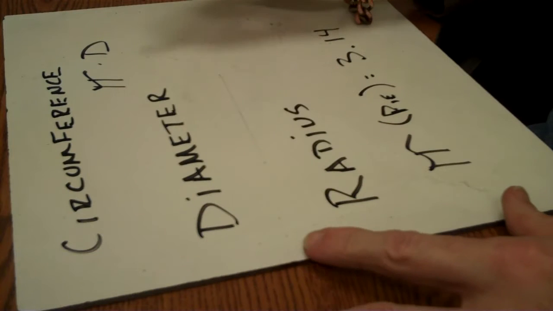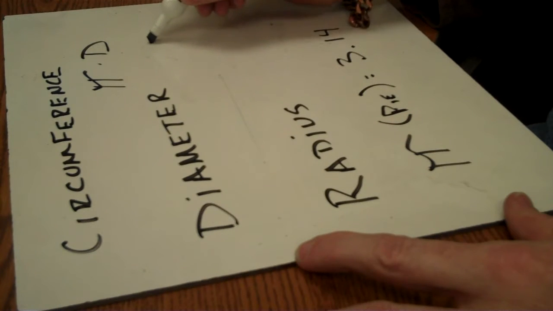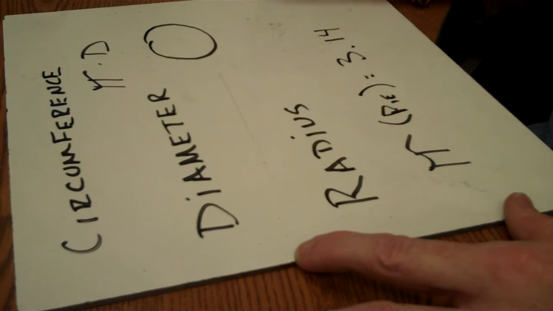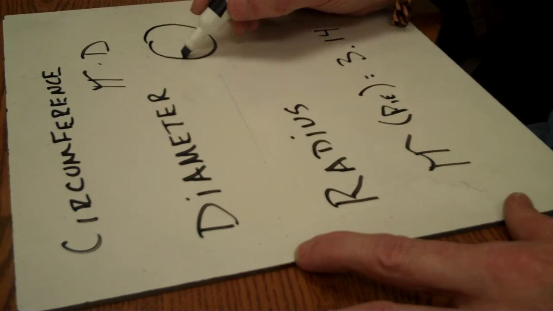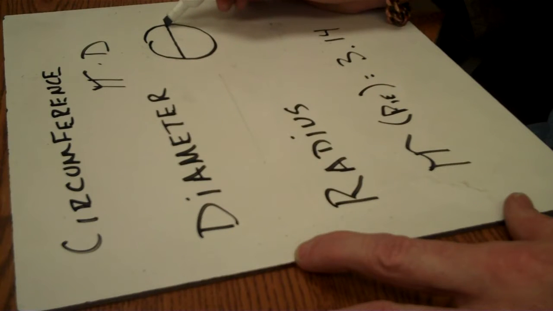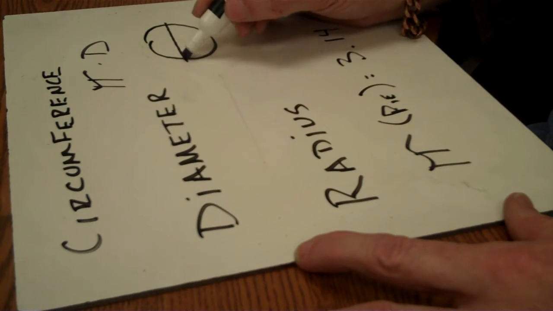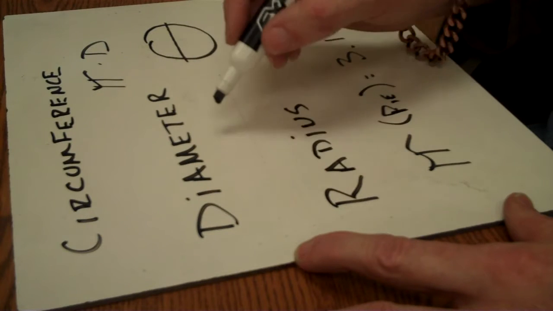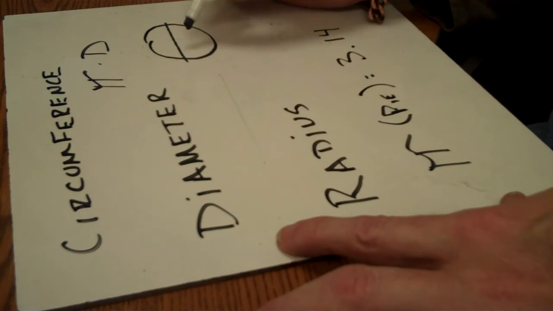To find the circumference, you take pi, which is 3.14, and you multiply that by the diameter. Diameter is best described with circumference. You're talking about a circle, and diameter is the distance all the way across. If you think diameter, think divide. It divided the circle.